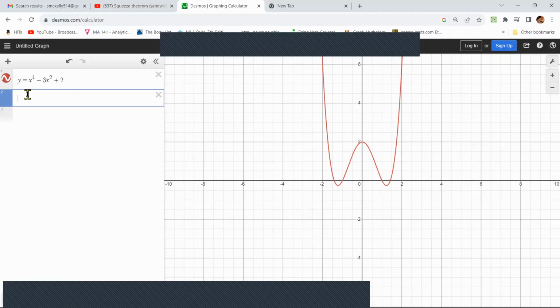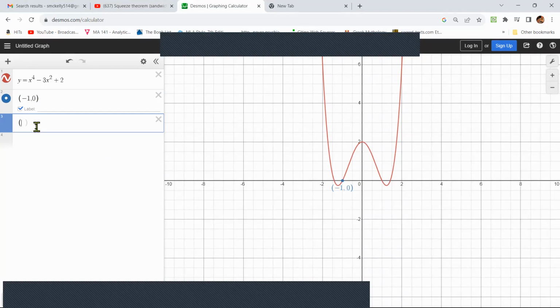Just for fun, let's label some points. -1 and 0 right here. We'll label that one. And we'll label this point down here.